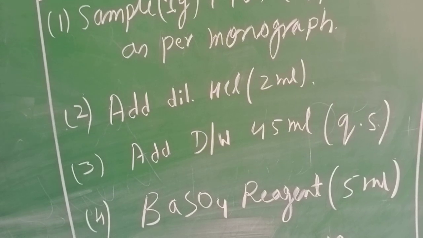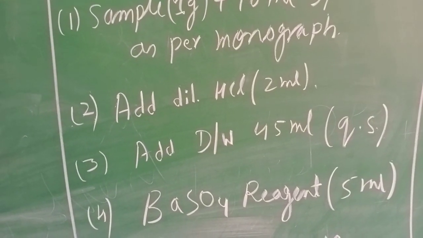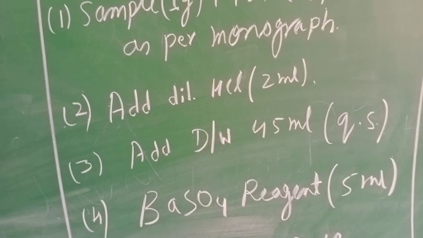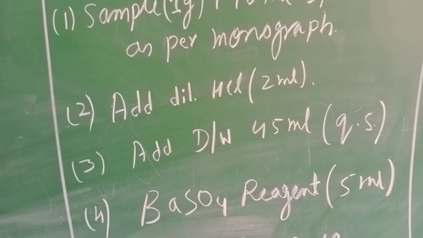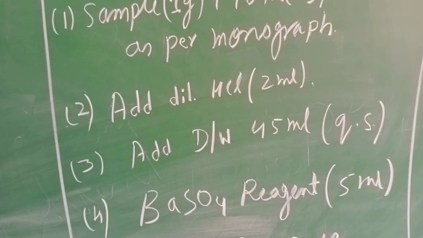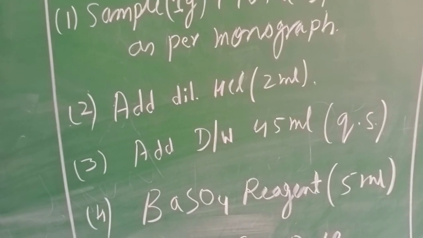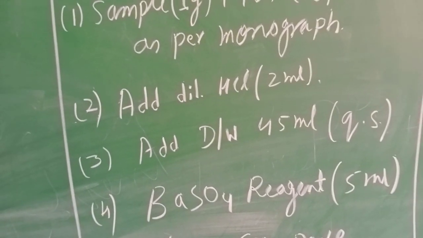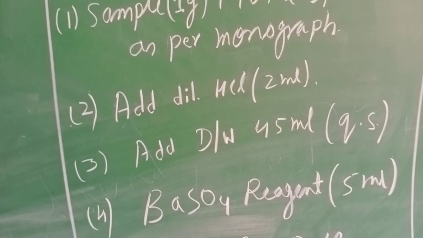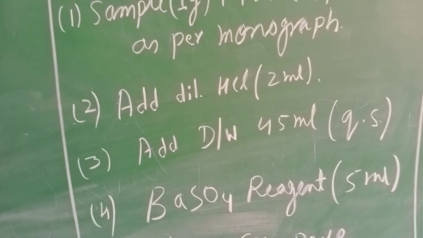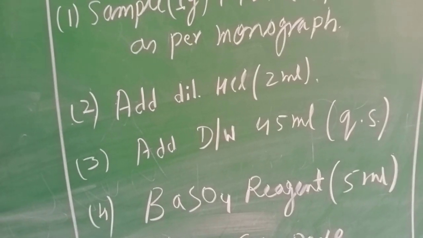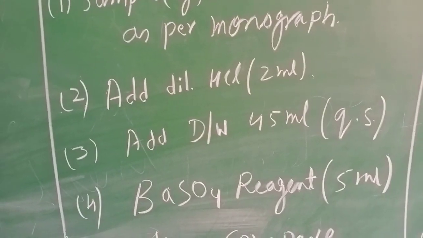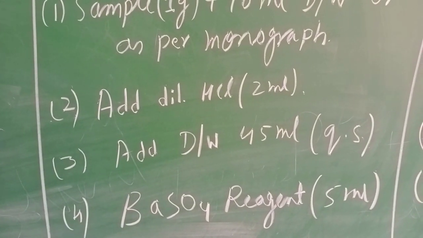So here step 2 must be done with utmost care; although the acid is dilute, it must be carefully transferred into the Nessler cylinder, and its net quantity is 2 ml.